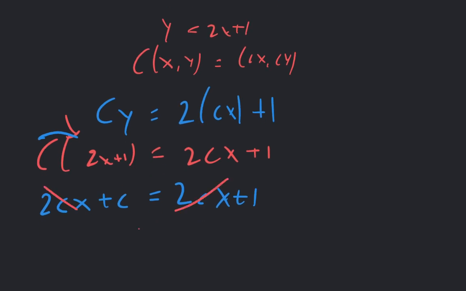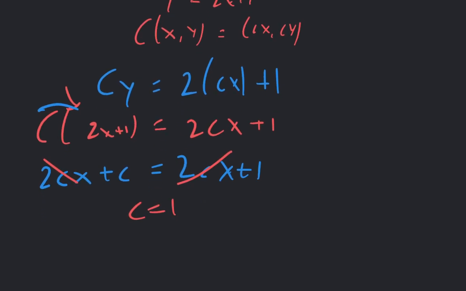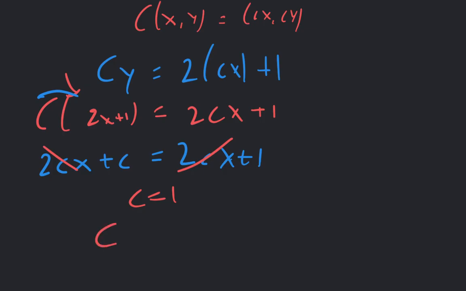And this would only work if c is equal to 1, but c can equal 2, 3, 0, pretty much anything. And this is only working when c is equal to 1, so it is not closed under scalar multiplication. And that is pretty much it.